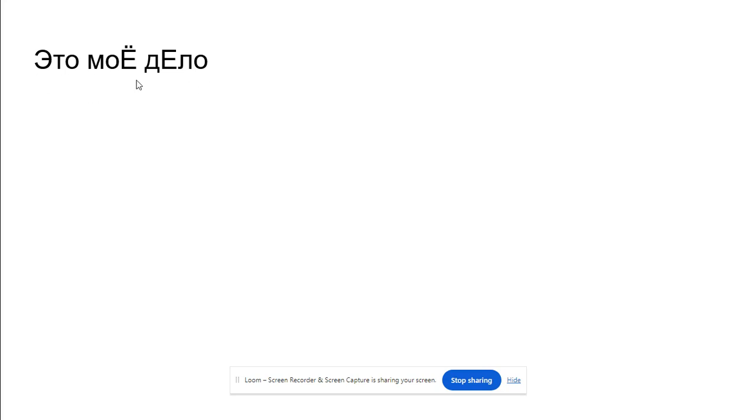Это мое дело. Notice the D is soft because it precedes the E. I never talked about this, but whenever a letter precedes the letter E or Russian "ye," it softens.